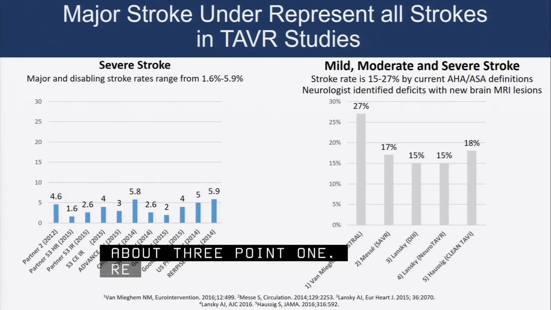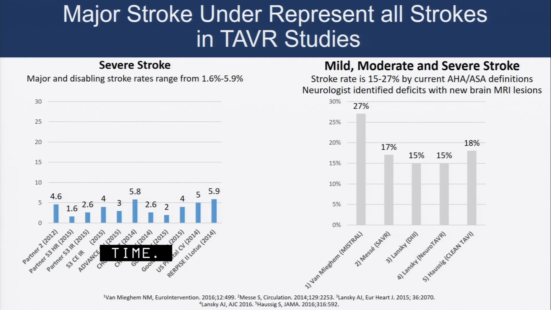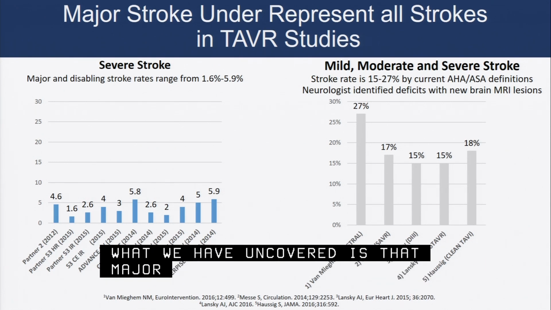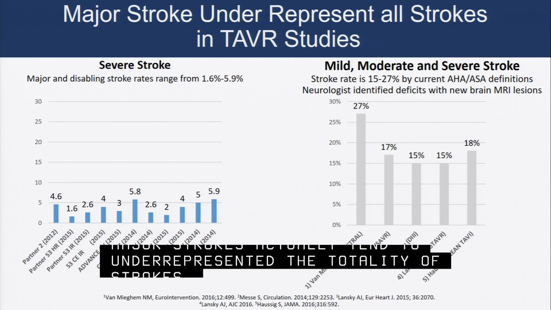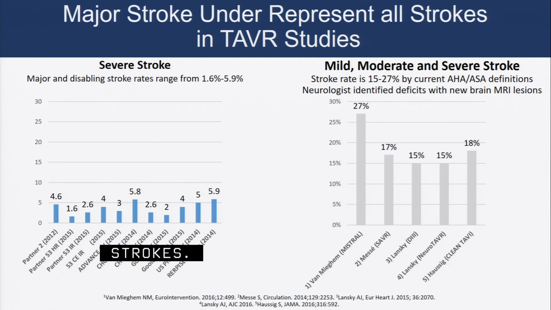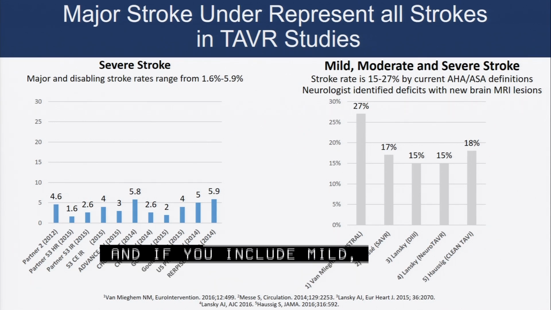What we have uncovered is that major strokes actually tend to underrepresent the totality of strokes that our patients are subject to. If you include mild, moderate, and severe strokes, you can see that the rates are actually in the range of 15% and above.